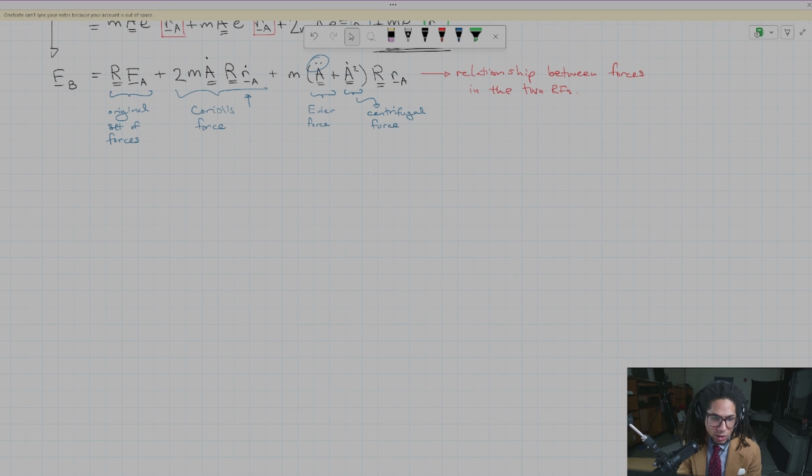Now, sometimes you will see a specific presentation of these in 3D. So, specific case: 3D with constant rate of rotation. All right, so let's think about what's going on in that case.